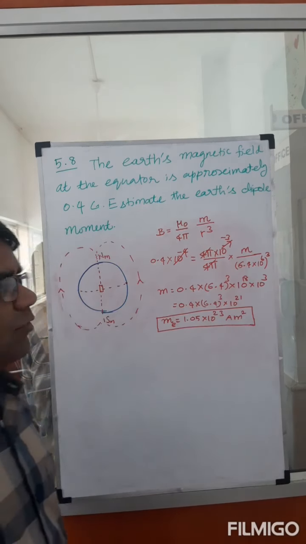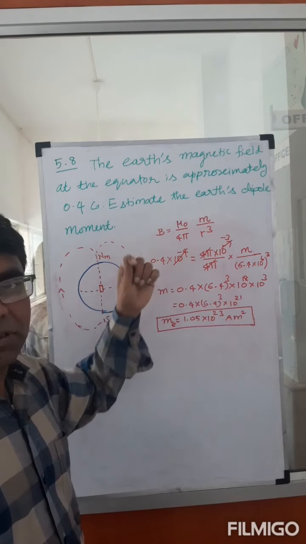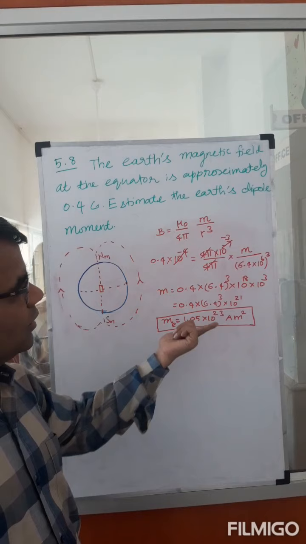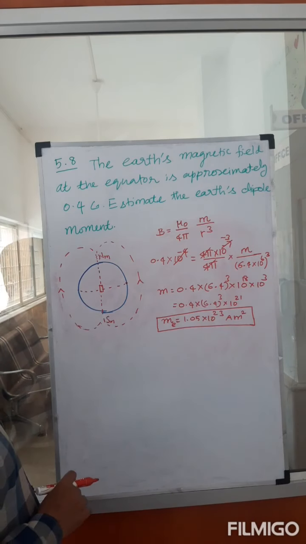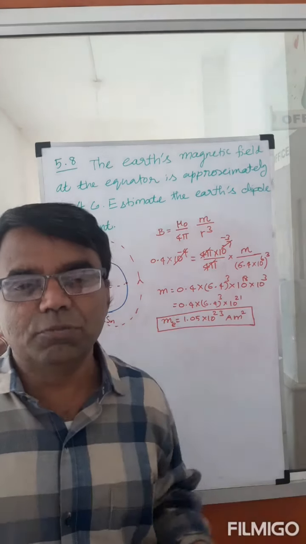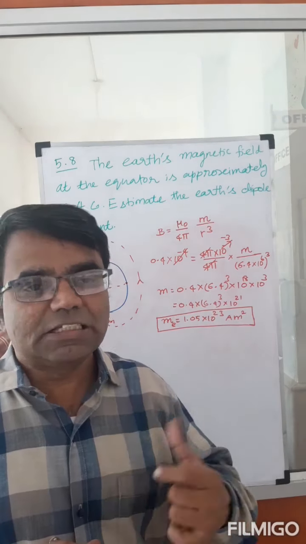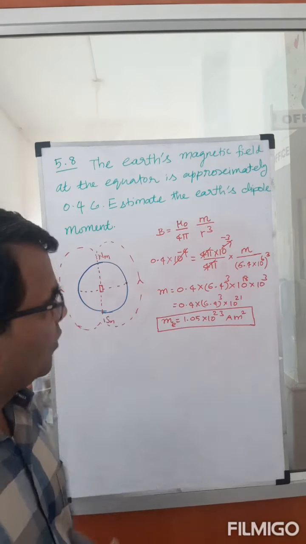This is what I have estimated. I call this an estimated value because I made some assumptions, and based on those assumptions I'm using this formula to calculate it. If you look for the value of the magnetic moment in textbooks on geomagnetism, they give you the actual value.